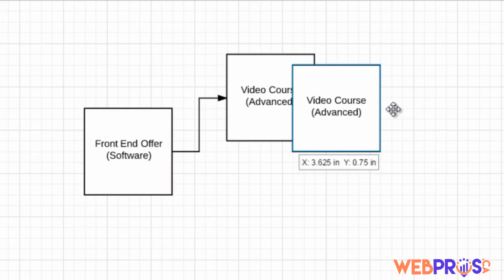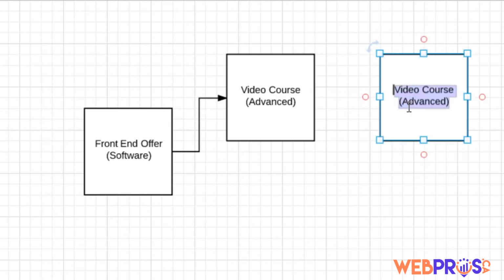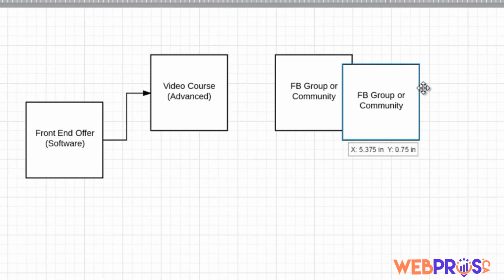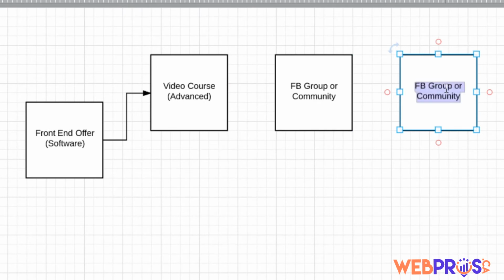And then maybe you can have a Facebook group or some community. So Facebook group or community. And then of course, maybe we have one-on-one coaching. So price wise, maybe this one's $497.